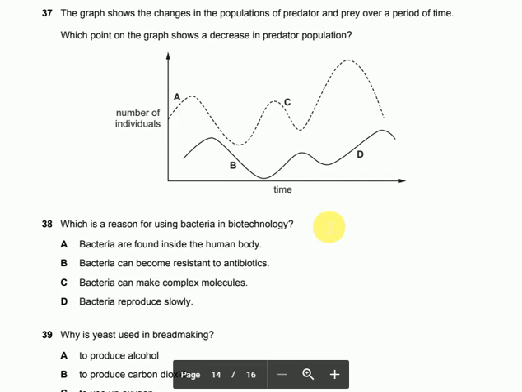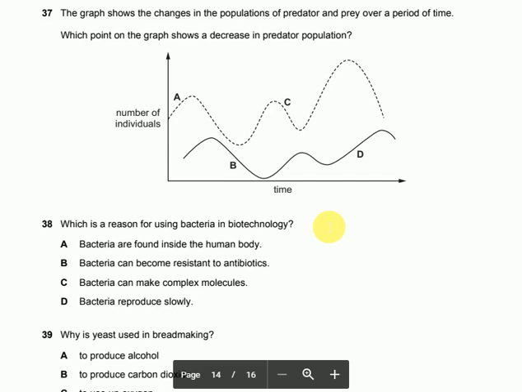Let's see. A and C would be the prey, and A is the increase of prey, and C would be the decrease of prey, and B would be the decrease of predator as the number of prey has reduced, and D would be the increase of predator as the number of prey has increased. So the answer is B. Yeah, I think that's the correct answer.